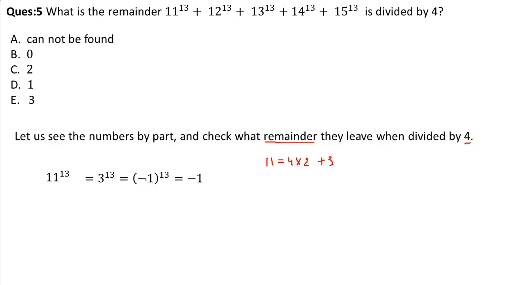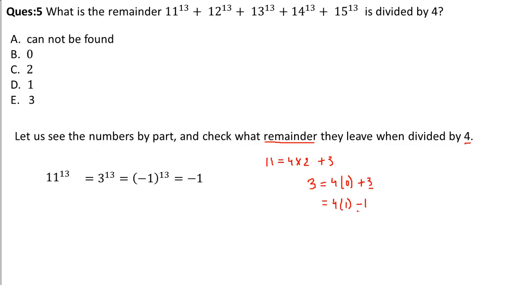Now I can say that remainder 3 is equal to remainder minus 1 when we are dividing by 4. Why? Because 3 is written as 4 into 0 plus 3, so this is the remainder. I can also write this in the form of 4 into 1, that is 4 minus 1.